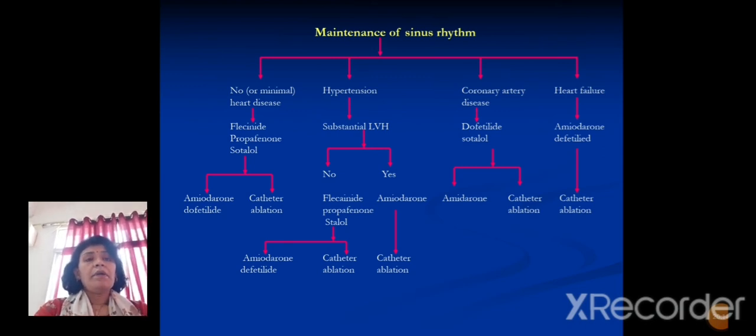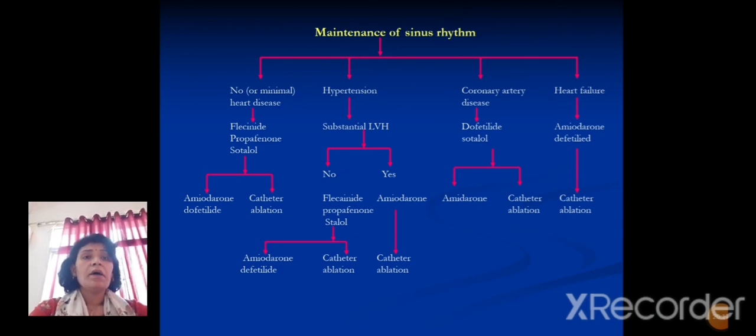Now, after achieving sinus rhythm, how is the maintenance of sinus rhythm approached? If there is no or minimal heart disease, then flecainide, propafenone or sotalol are considered, while if they are not responding, then amiodarone, dofetilide can be started, or we can try catheter ablation.